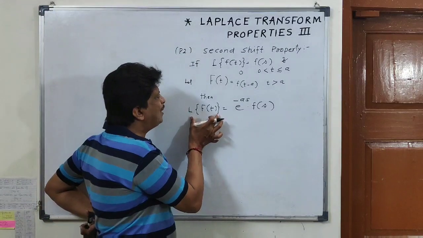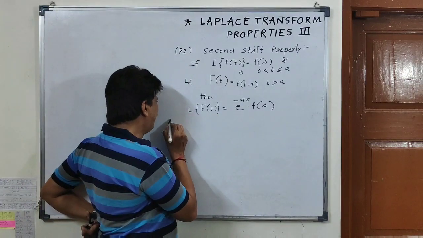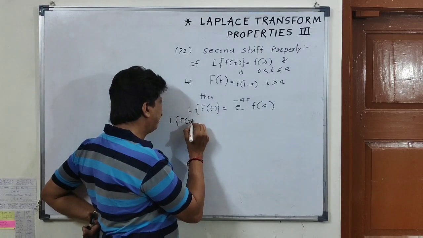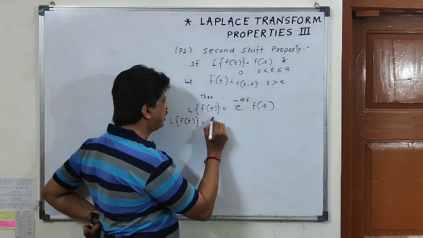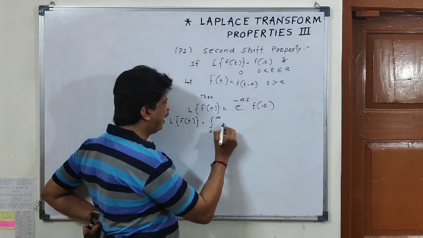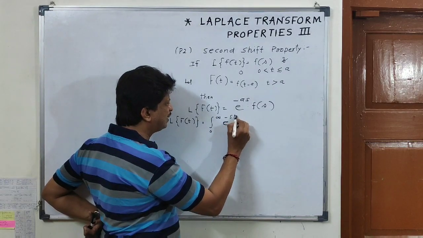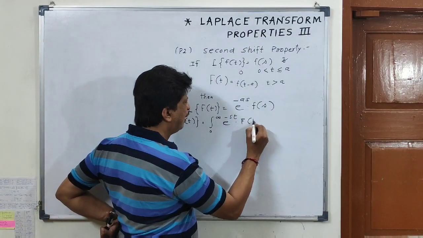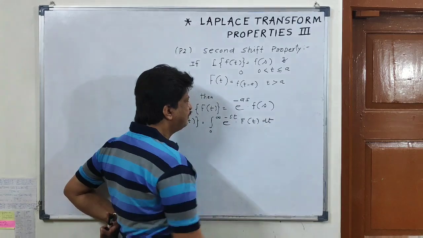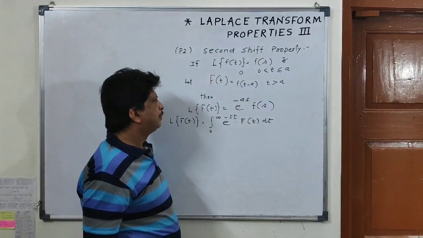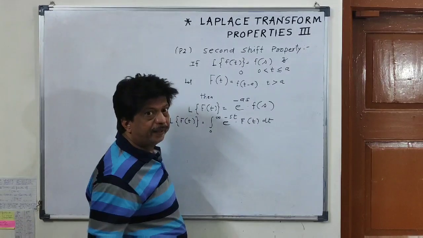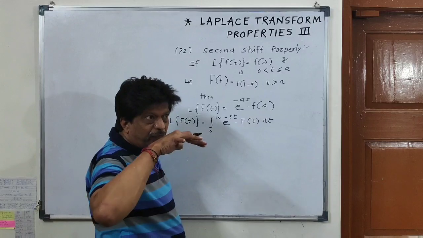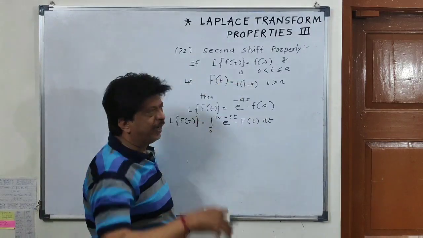So, what is the Laplace transform of capital F of t? Laplace transform of capital F of t by fundamental definition is integral 0 to infinity e raised to power minus st into capital F of t. Now capital F of t is defined from 0 to a and a to infinity.